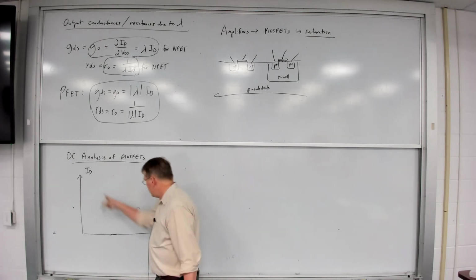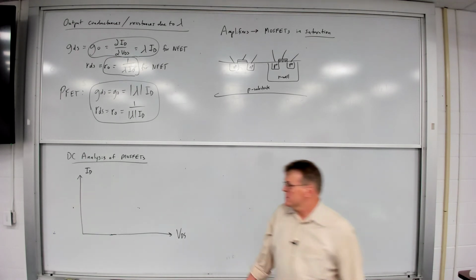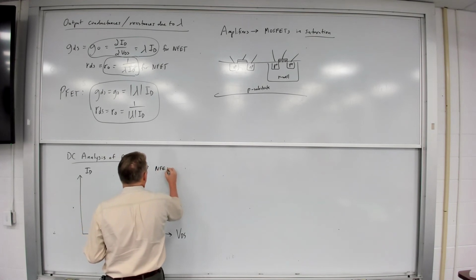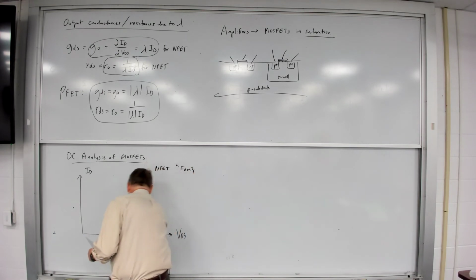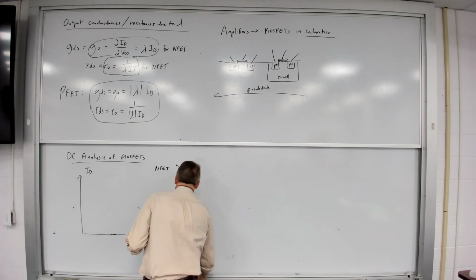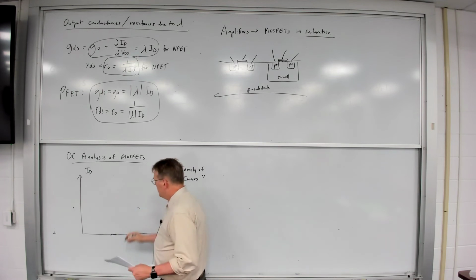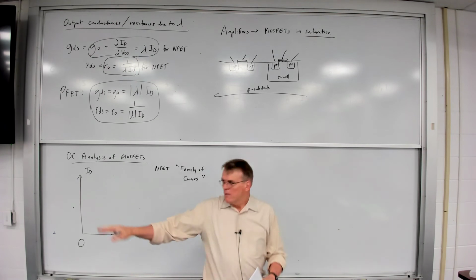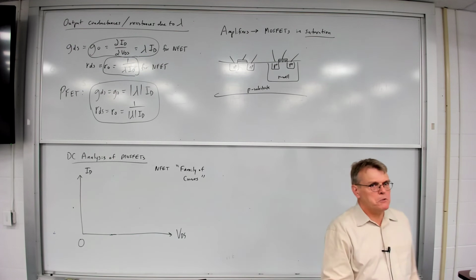So I've got ID and VDS, and in this case, this is an NFET. So this is a family of curves for an NFET. And what I'm going to do here is draw a lot of different curves for ID versus VDS as a function of the gate source voltage.